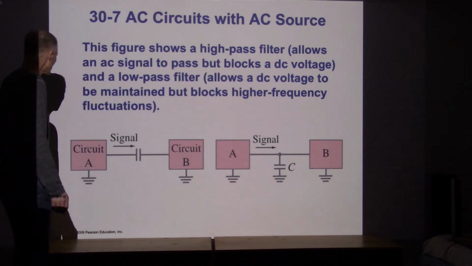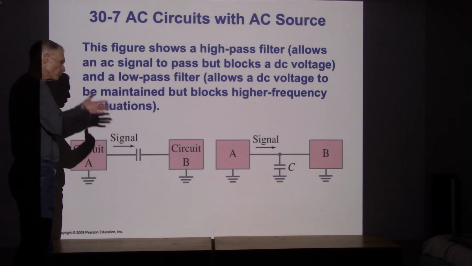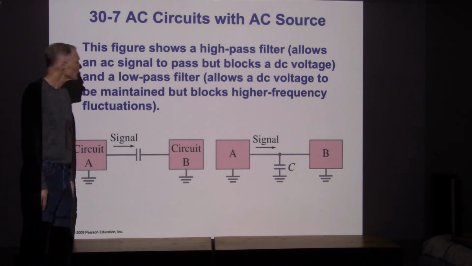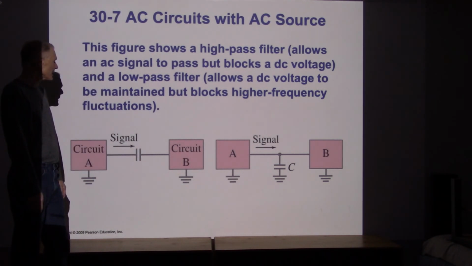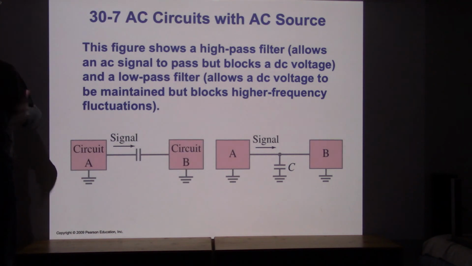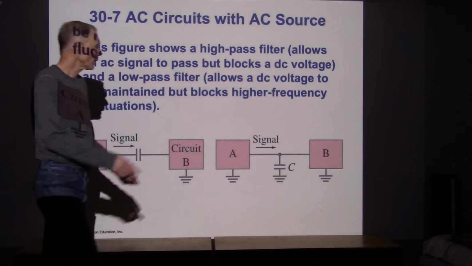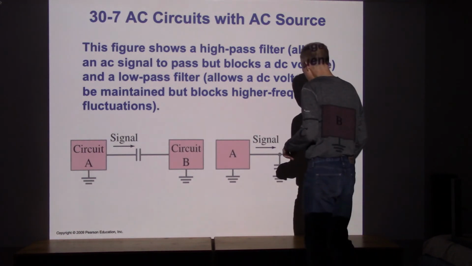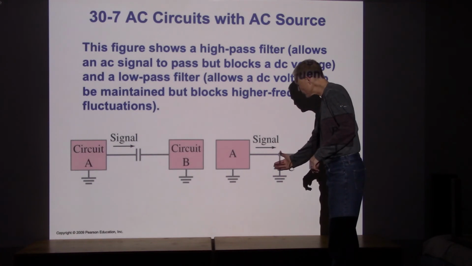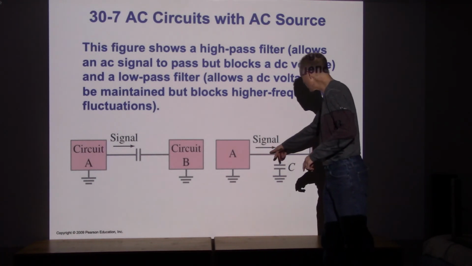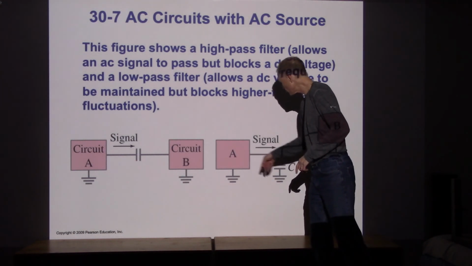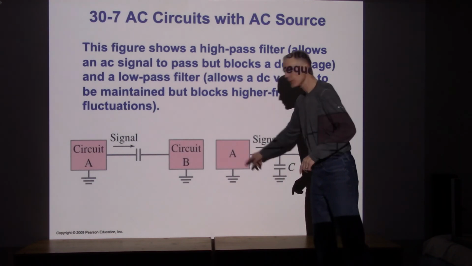So I can design a circuit. I've got this jumble of different frequencies coming out of circuit A, and this blocks out the low frequencies, so only the high frequencies get to the next stage in processing. On the right, instead of putting a capacitor directly in the path, we've put it out to the side. So now when all the frequencies come through, the really high frequencies, the easy thing for them to do is loop back around to the original circuit.